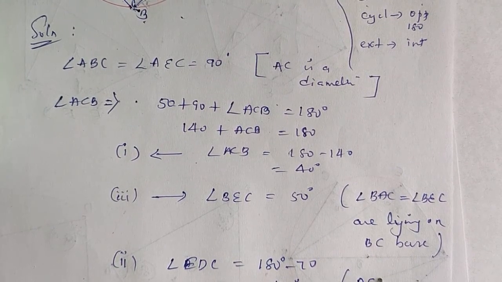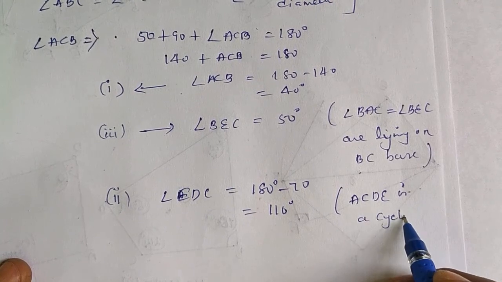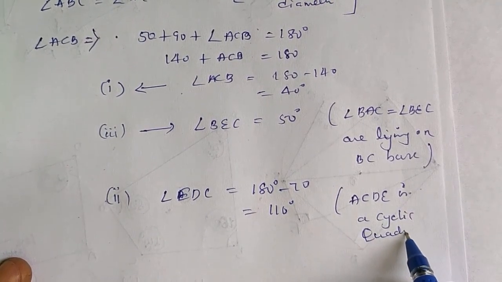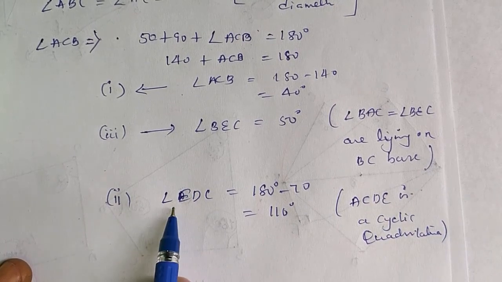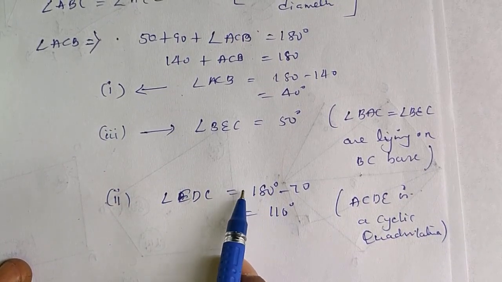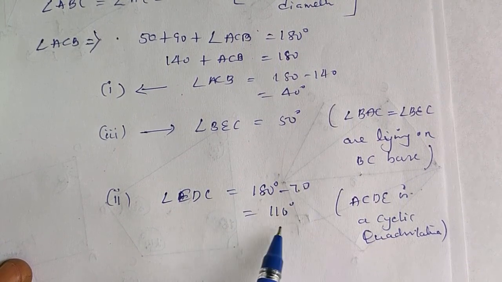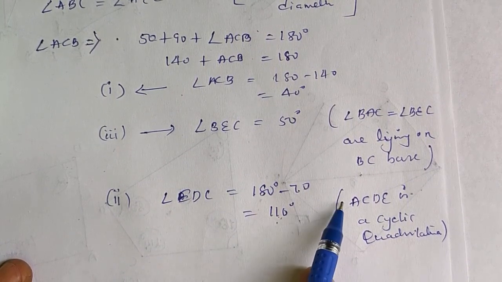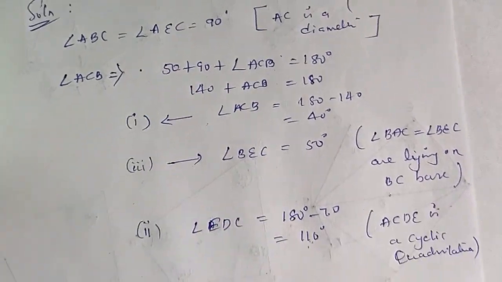Reason is ACDE is a cyclic quadrilateral. Angle EDC equal to 110 degrees. A is 70 degree, subtracted, D will be 110, because ACDE is a cyclic quadrilateral.